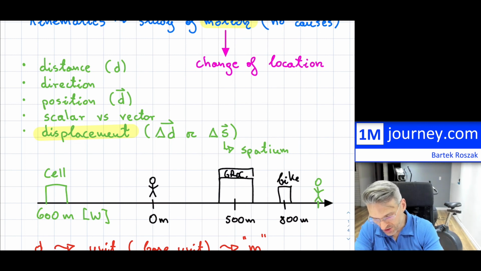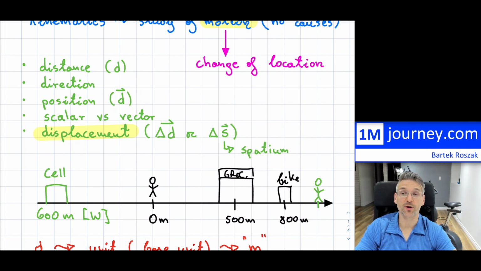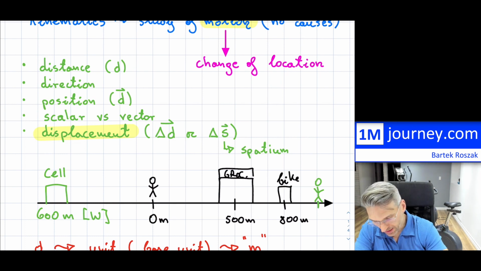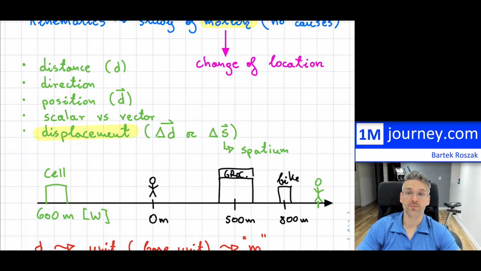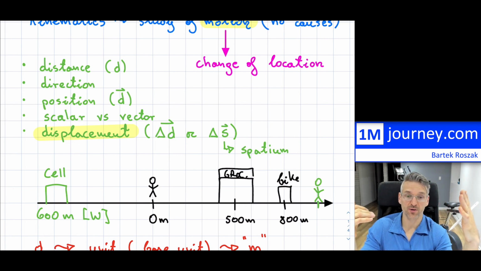Now, position is a location with respect to a reference point, and it is a vector, so it needs a direction. Displacement is the actual change in position from what it was initially to what it is finally.